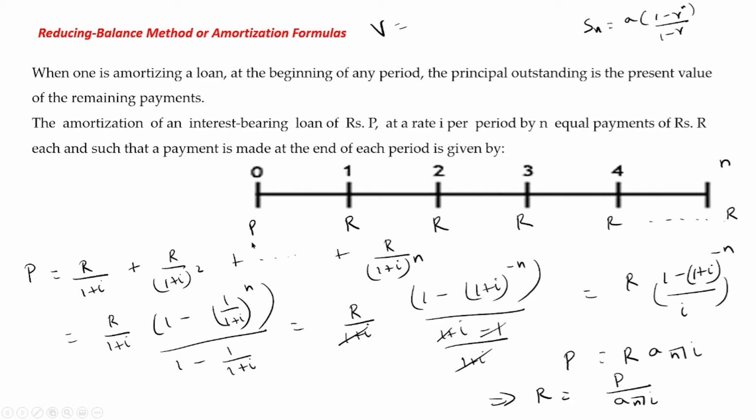This principal amount is the present value of each of these equated monthly installments which is made at the end of each month for a period of n. So using this relation, we can find the EMI as R is equal to P upon the present value annuity factor for n periods and i rate per period. So this is how we can find the EMI.